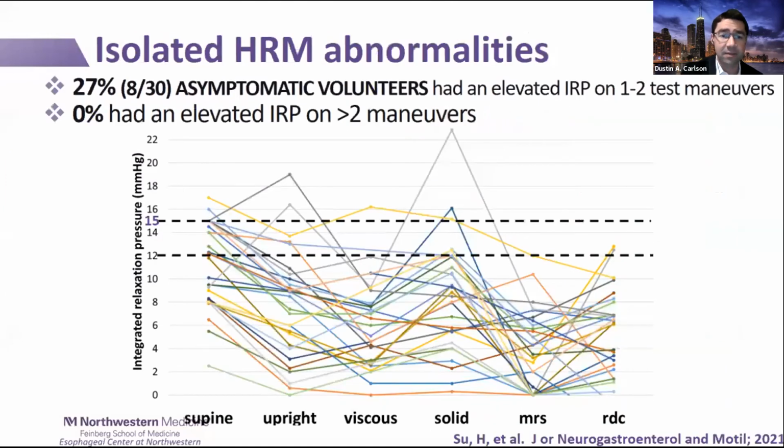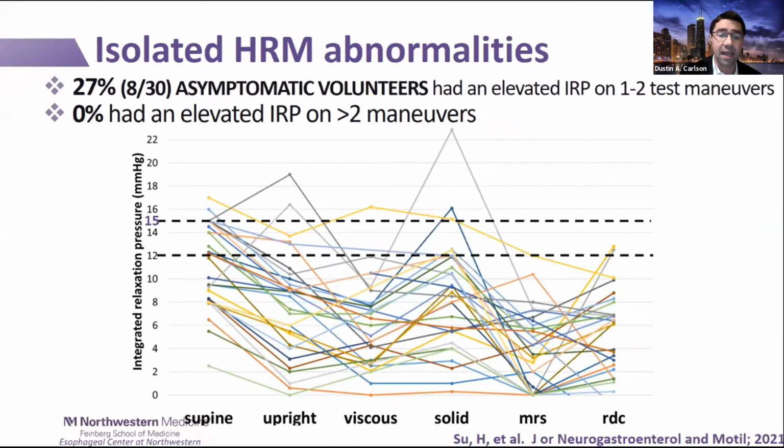Further thinking about this balance of sensitivity and specificity with this expansion of the manometry test protocol is highlighted by a study that we performed looking at 30 asymptomatic volunteers. These were patients who were all healthy and just recruited for a research study.